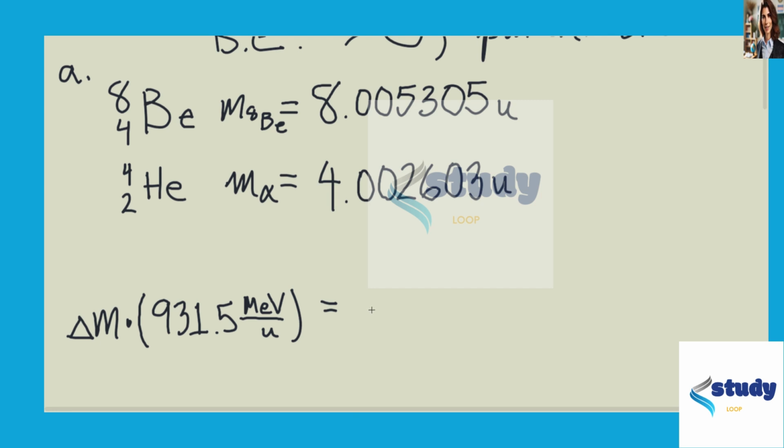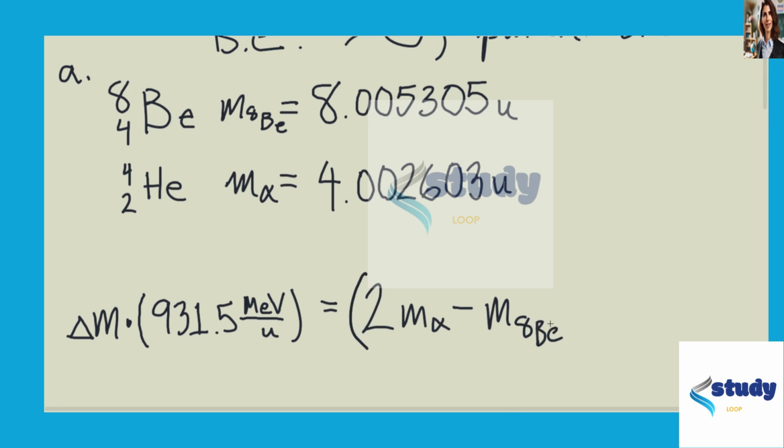In this case, that's going to be 2 alpha particles, and we're going to subtract from that the assembled parent nucleus, the atomic mass, that is, which we write symbolically as 8Be.